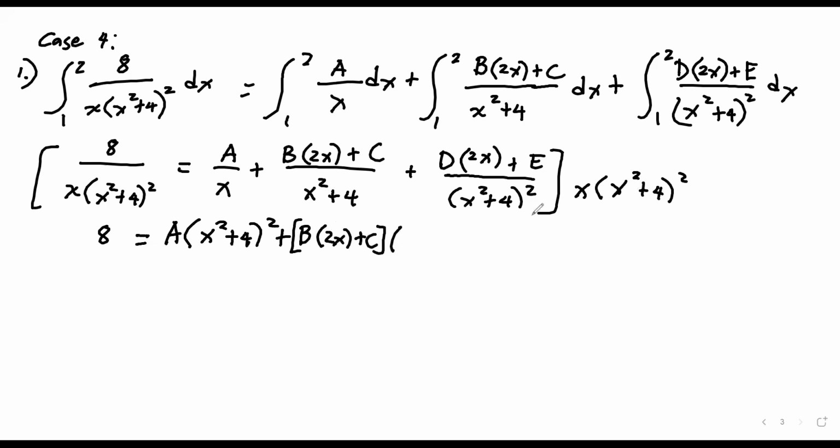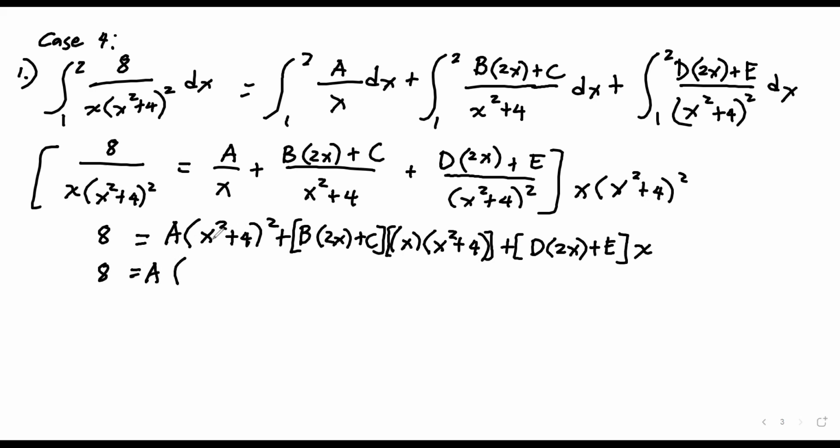Cancel only one x squared plus 4, so we'll have x and one x squared plus 4. Let's put bracket plus d times 2x plus e. Cancel this, the remaining is x.